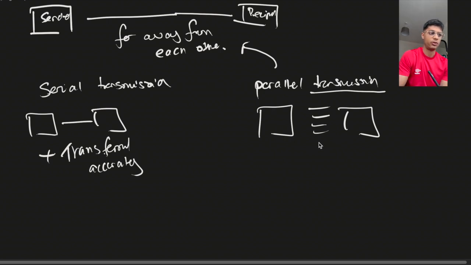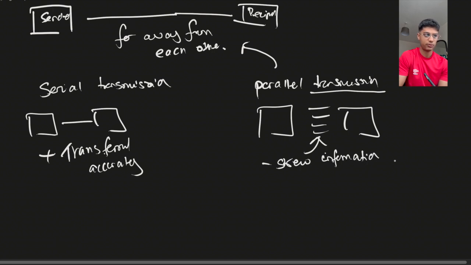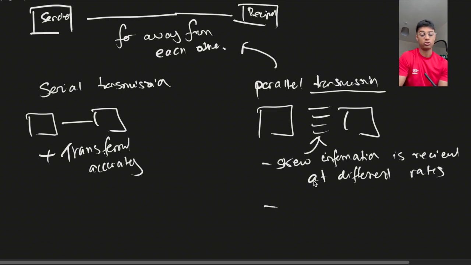The first problem is something referred to as a skew. A skew is where information is received at different rates. And then there's something called crosstalk. Crosstalk is where essentially these different transmission lines interfere with each other, which results in the information being interchanged.